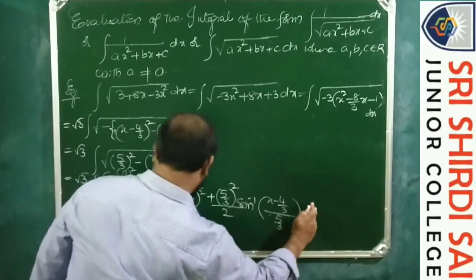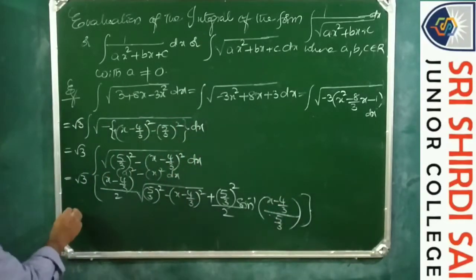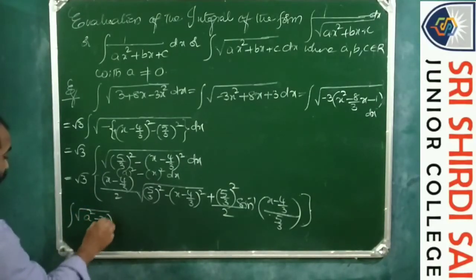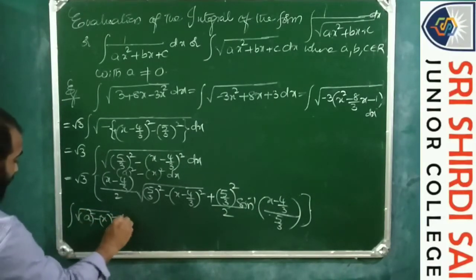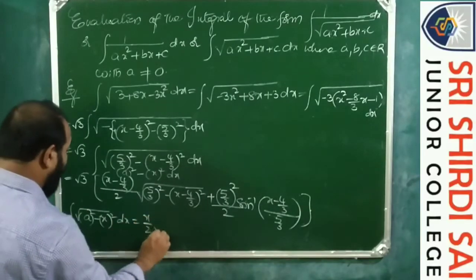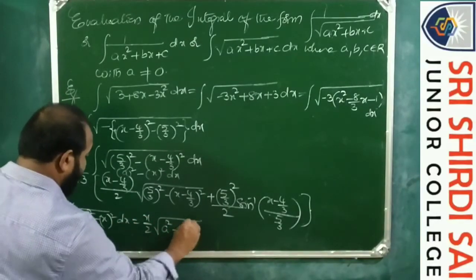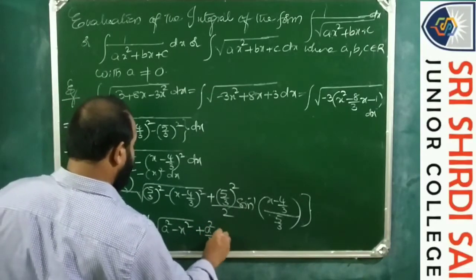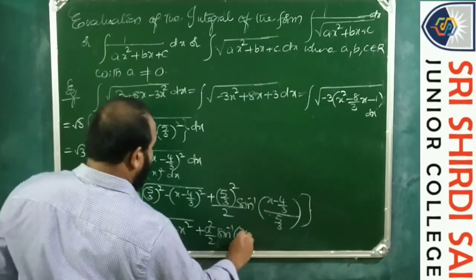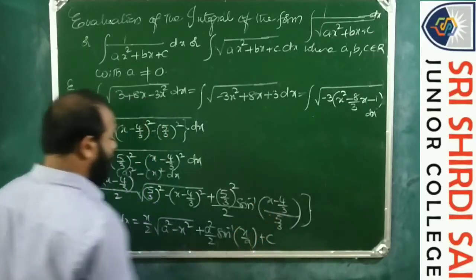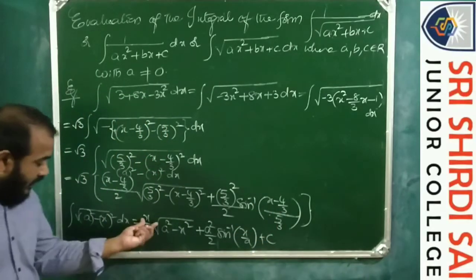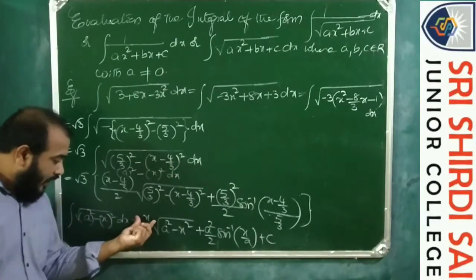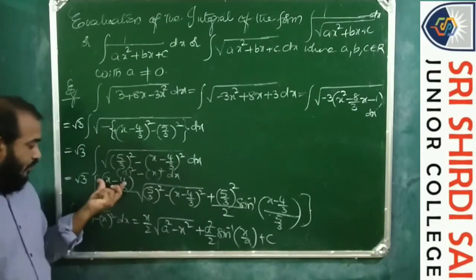So we have applied the formula: integral of root of a square minus x square dx is x by 2 root of a square minus x square plus a square by 2 sine inverse x by a plus c. In place of x we have x minus 4 by 3, so x minus 4 by 3 by 2.